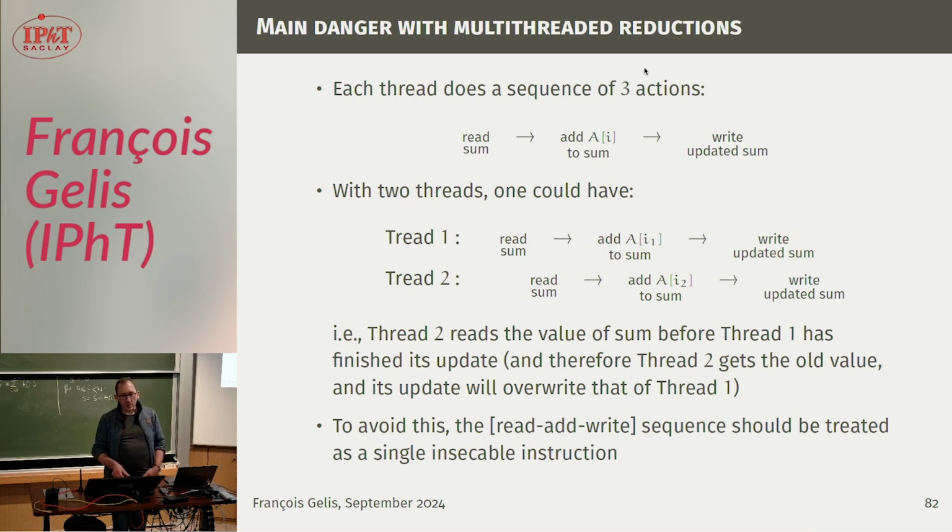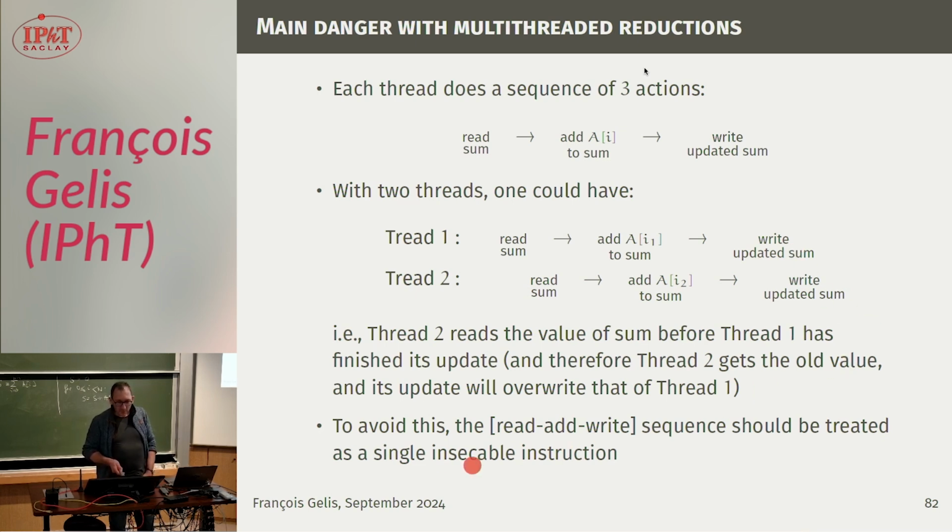Okay. So the main problem is this: when you have these concurrent updates done by many threads. It's already a problem with 2 threads, and it's a bigger problem if you have 1 million threads. So there is no miracle.